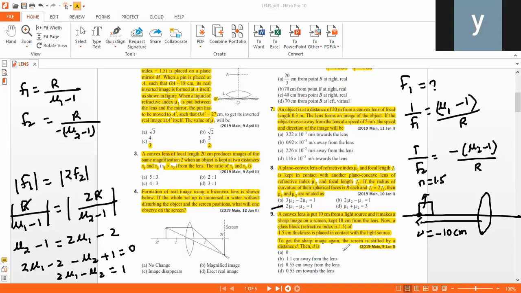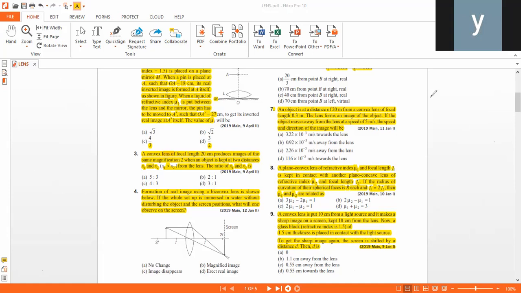To get a sharp image, the screen is shifted by a distance. Here it is the light source. Here we are having a block of refractive index 1.5, and this distance is 10 centimeters.